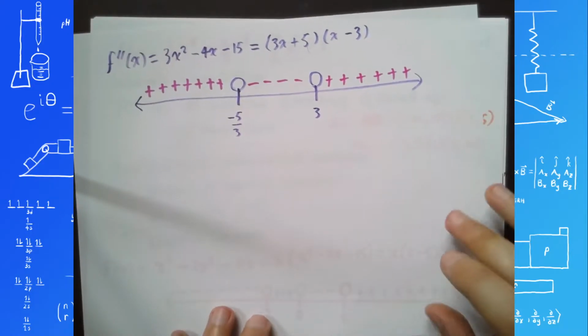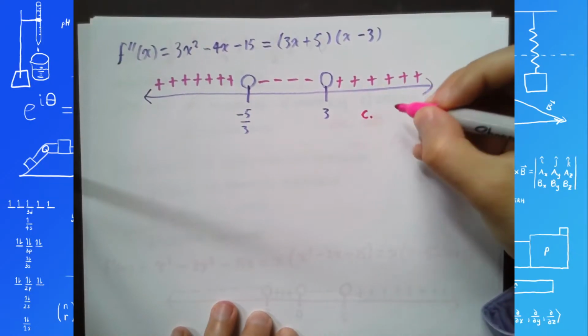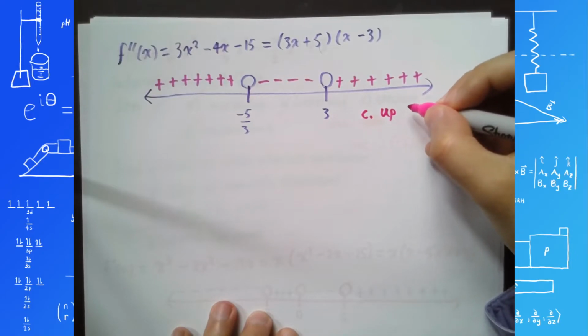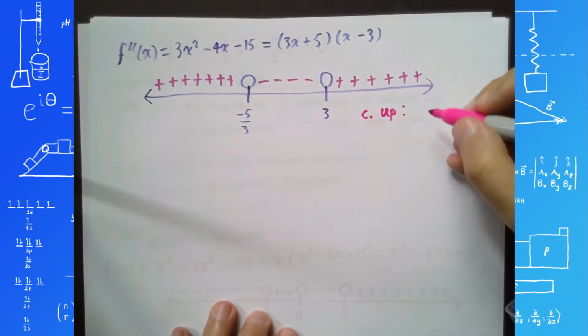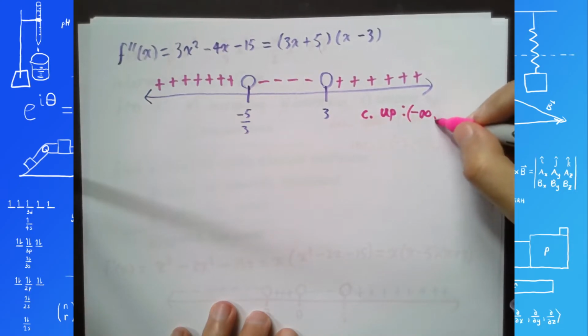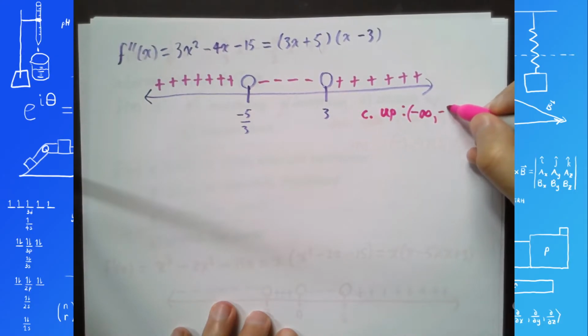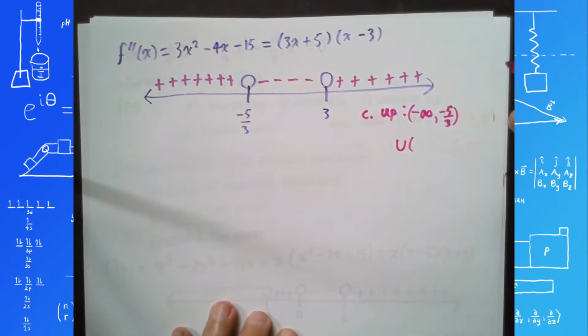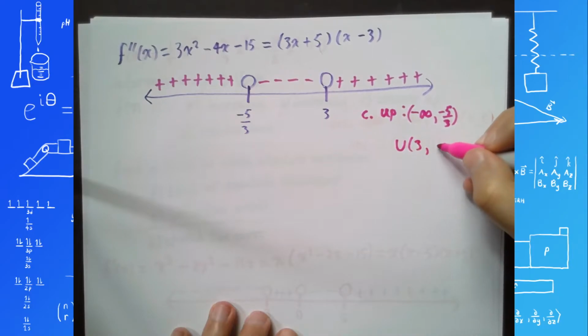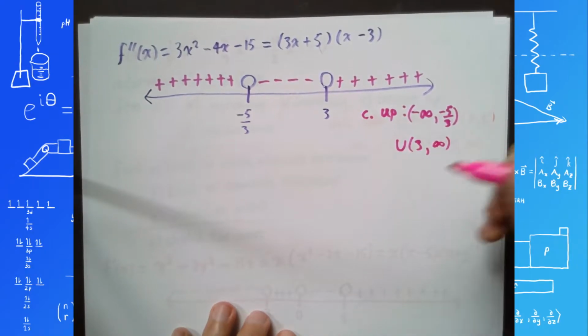Concave up, I'll just abbreviate it C up, from negative infinity to negative 5/3, and from 3 to positive infinity.